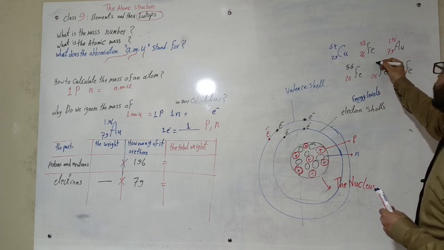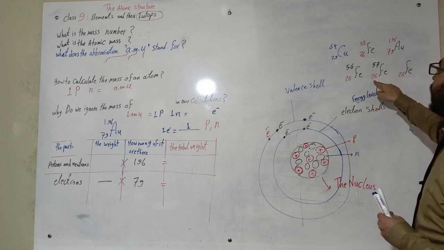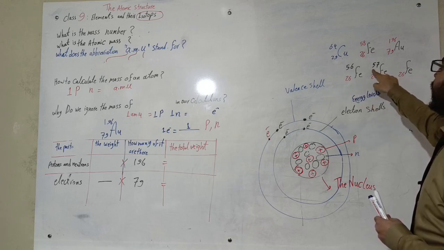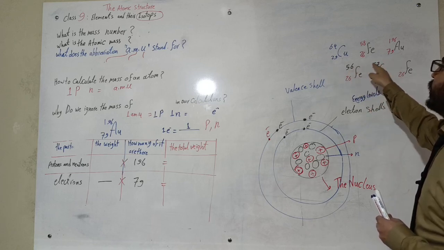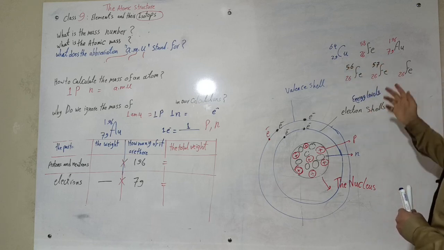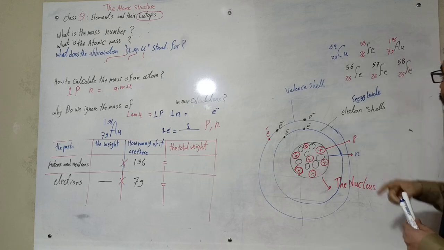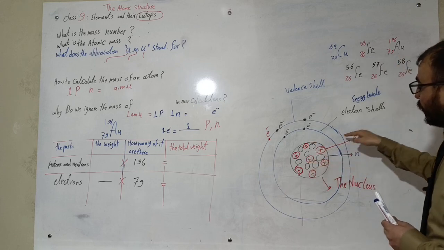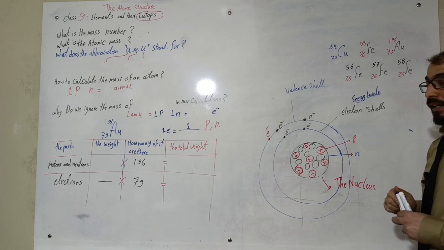The other one is 57, meaning that this iron atom has 26 protons like the other iron atoms, and has 31 neutrons, which makes it heavier than its sister, let's say. And the other one here has 32 neutrons and 26 protons, and the mass number, which is the total number of protons and neutrons inside the nucleus, is 58.